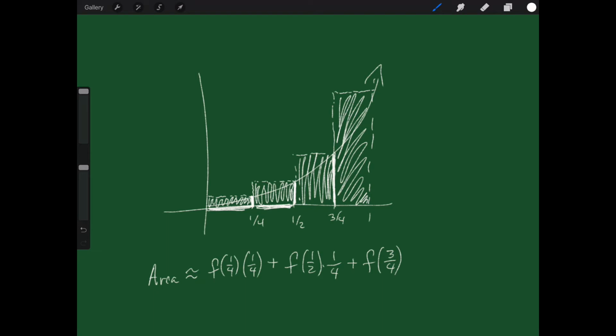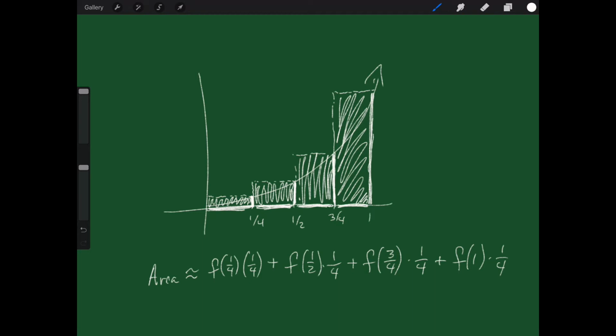And then I need to multiply by the width of that rectangle, which is also 1/4. And finally, we get f of 1, which is this distance. So that's 1 times the width of that rectangle, which is 1/4.